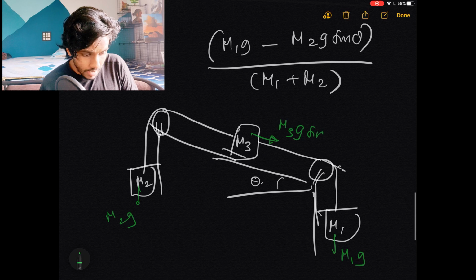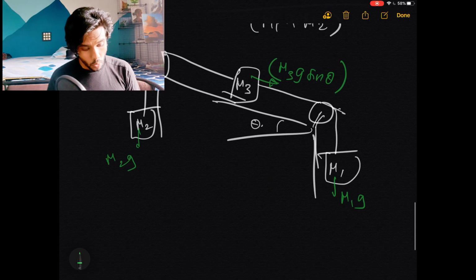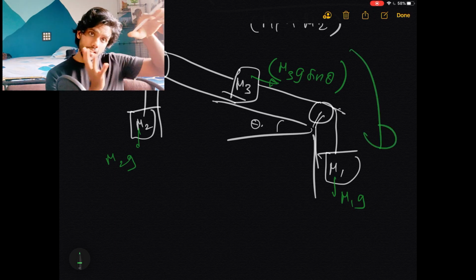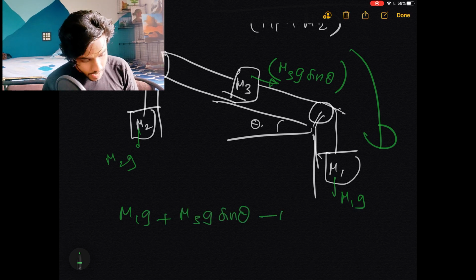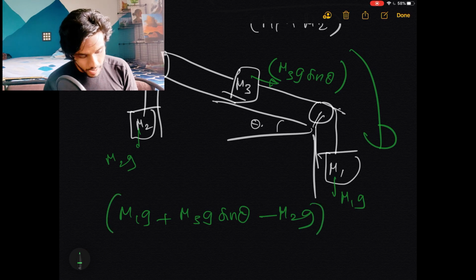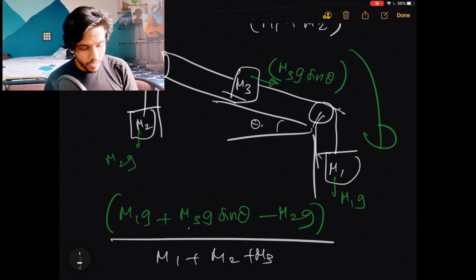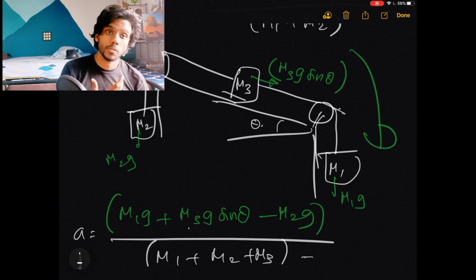M3g sine theta, a bit of it is actually trying to drive the system. So when you write the net force driving the system, let us say the whole system is accelerating in this direction: M1g plus M3g sine theta minus M2g, by the entire mass being driven, M1 plus M2 plus M3. If you do this, you directly write the acceleration of the system. That is how simple it is.